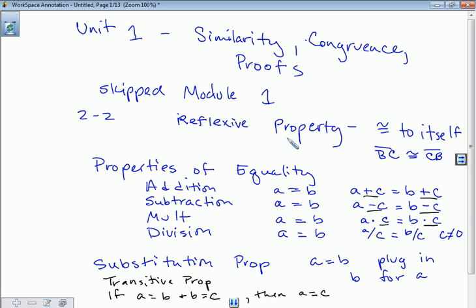You see the reflexive property a good bit. You may see some of these. Substitution property we used, transitive occasionally. All right, does that refresh us on those? Those of you that are writing, I'll give you just a minute more.